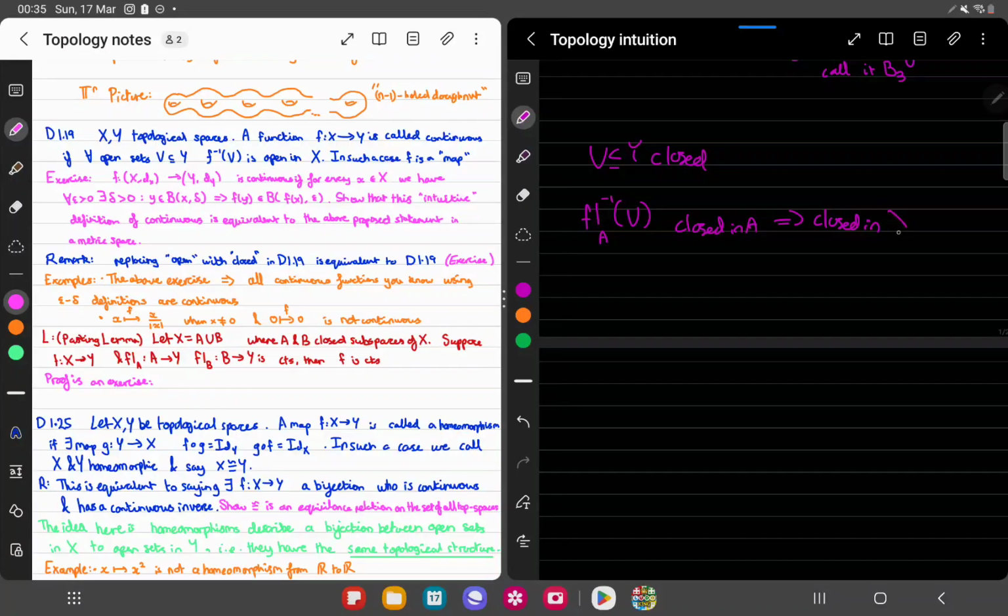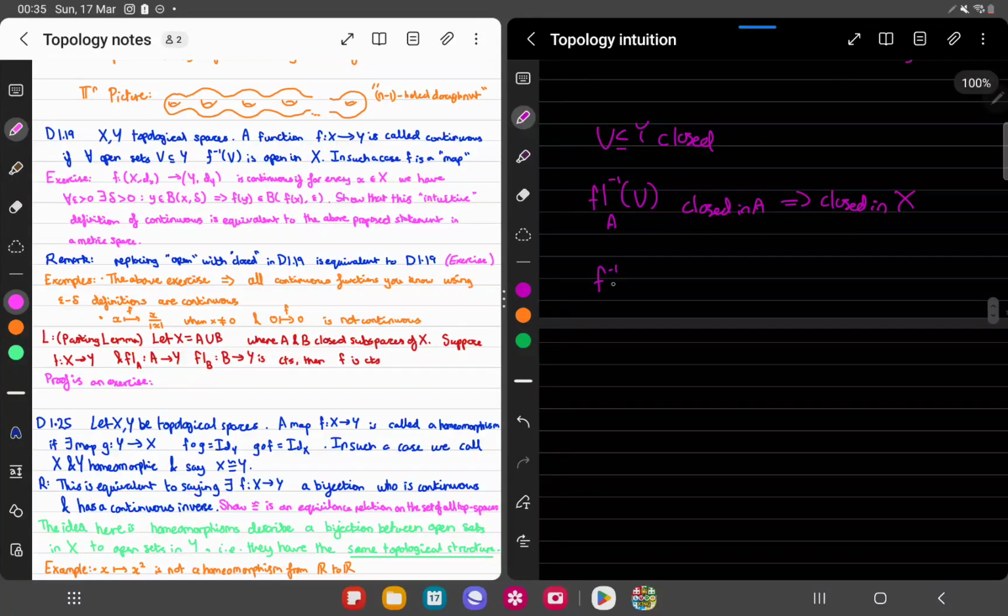So this is closed in A and therefore it's closed in X. And ditto with B, I could just change this to B here, and change it to B there. So that means this.